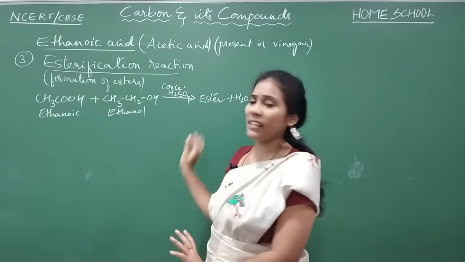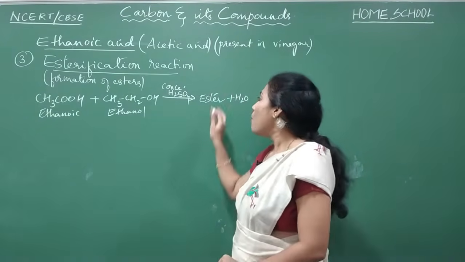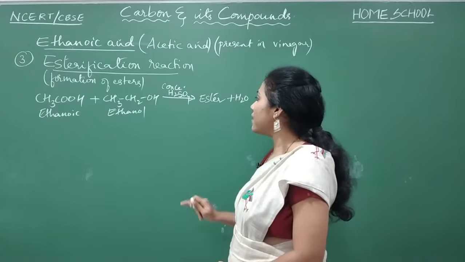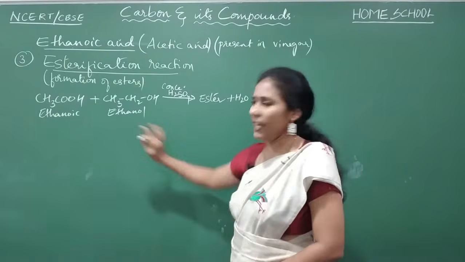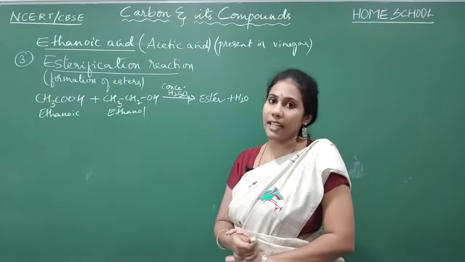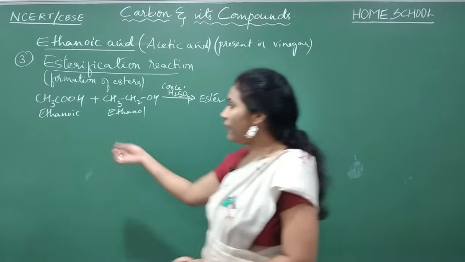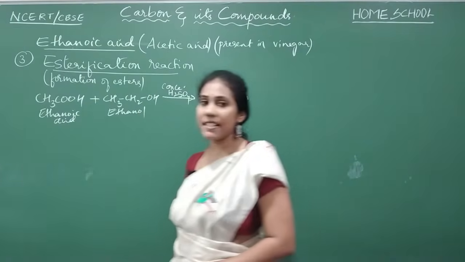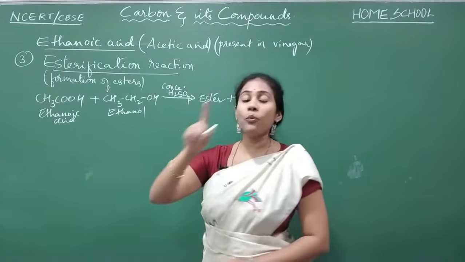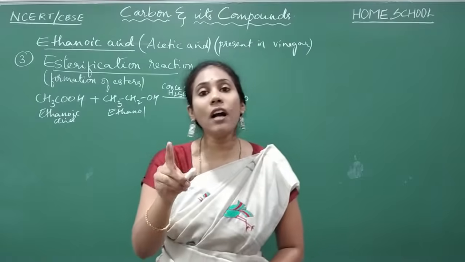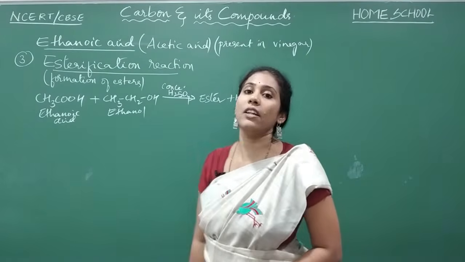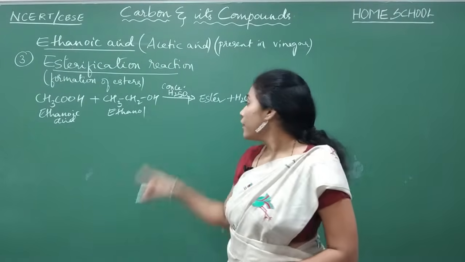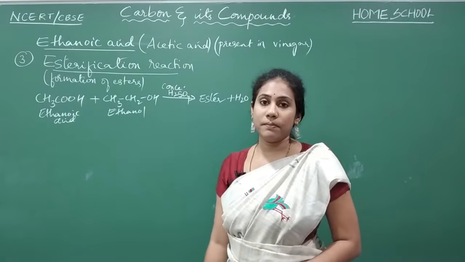Okay, so this is a general form I am showing you. What is the structure of ester, how it will form, and all I will show it. This is the general reaction. Okay, so whenever one molecule of acid, that is ethanoic acid, combines with one molecule of alcohol, that is ethanol, what do you get, guys? You will get esters.